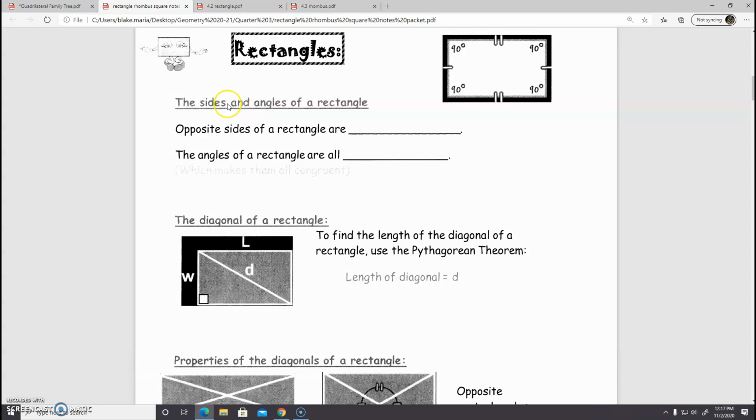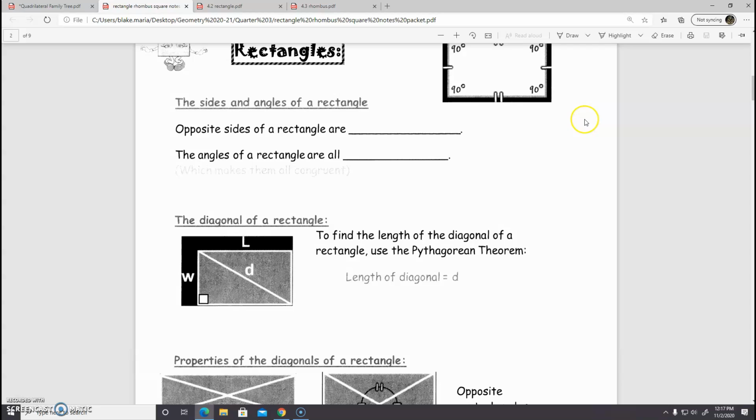All right, so this one says we're on rectangles. So understand opposite sides are still equal, opposite angles are, it's still a parallelogram. So here opposite sides are congruent because it's a parallelogram, or equal.